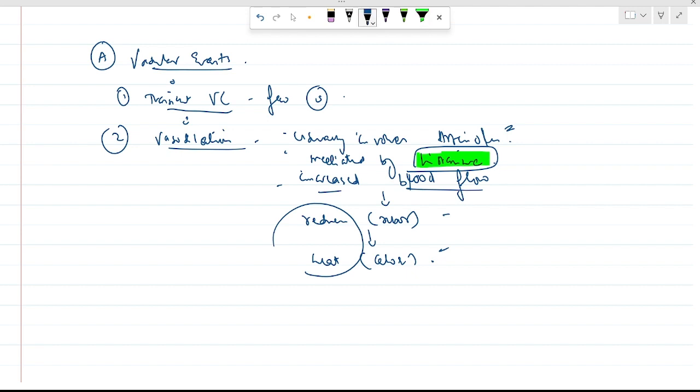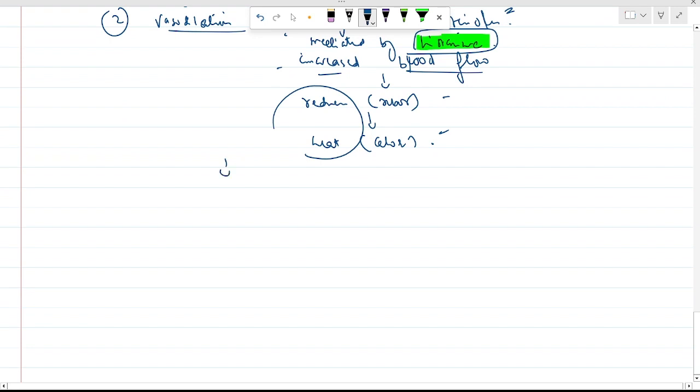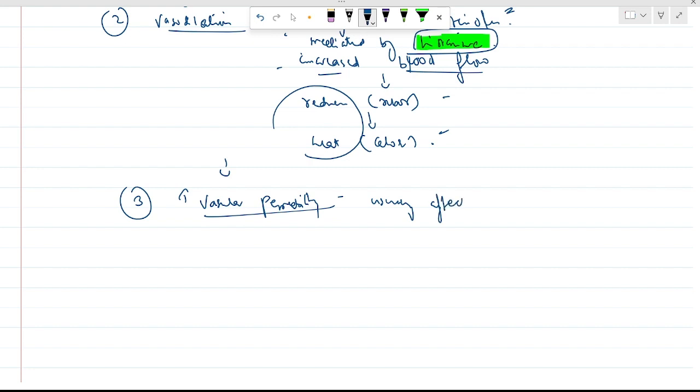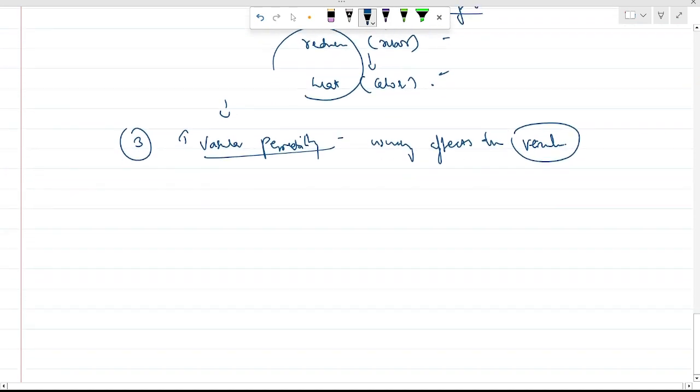Following vasodilation, we have our third step here, the hallmark, that is increased vascular permeability. Here it usually affects the venules. Earlier it involved the arterioles, here it affects the venules. One major difference.